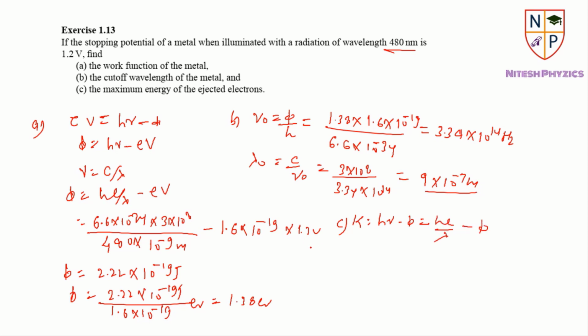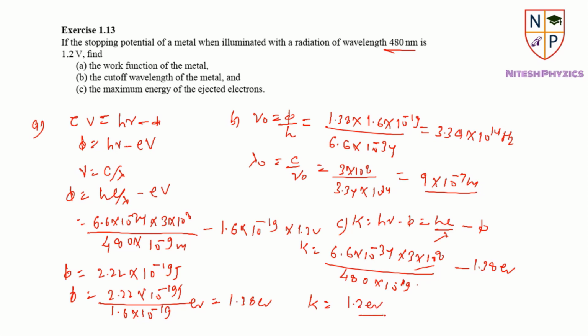Put all values: h is 6.6 into 10 power minus 34 joule second, c is 3 into 10 power 8 meter per second, lambda is 480 nanometer, that means 480 into 10 power minus 9 meter, and phi is 1.38 eV. We can calculate this energy in electron volt by dividing by 1.6 into 10 power minus 19. After calculating, the kinetic energy will be K equal to 1.2 electron volt.